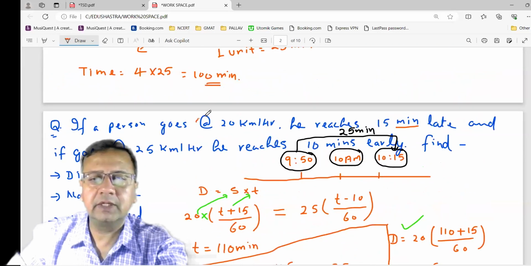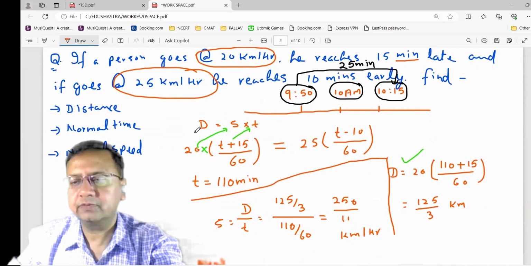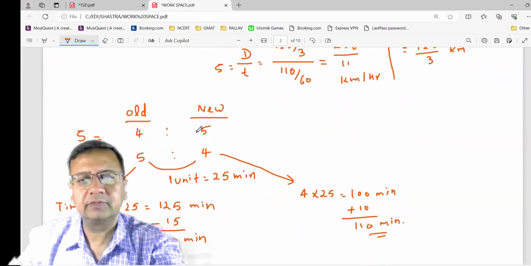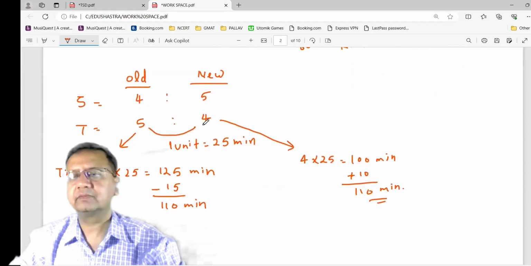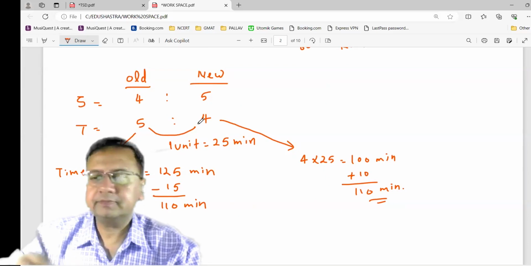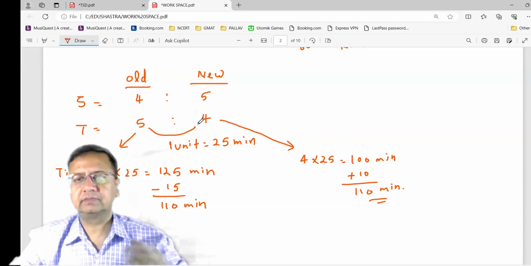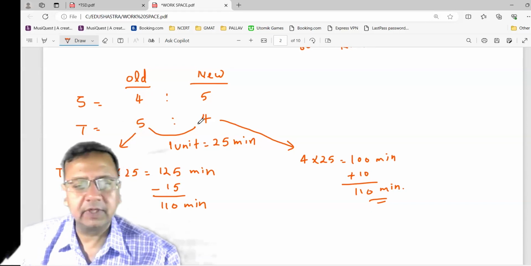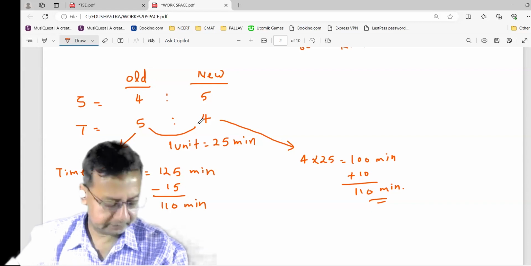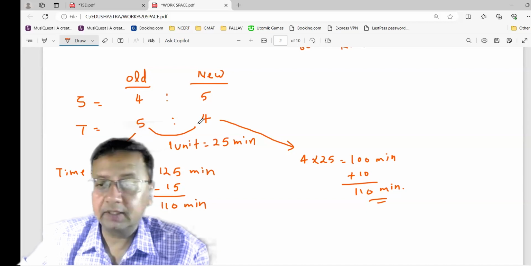Earlier speed is 20 and later on the speed is 25. So ratio is 4 is to 5, right? Okay, got this? So I got the time 110 minutes.